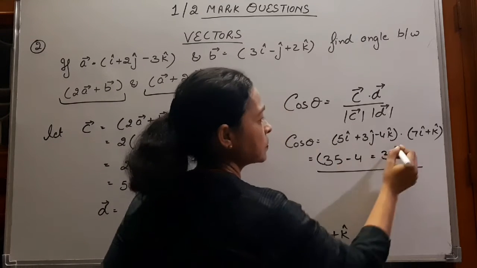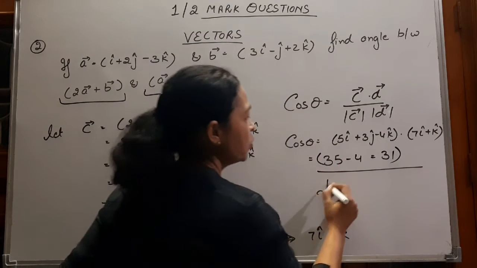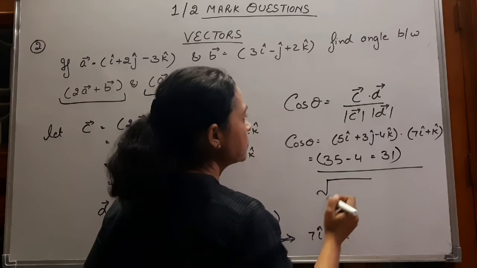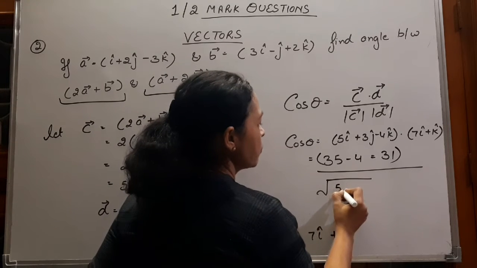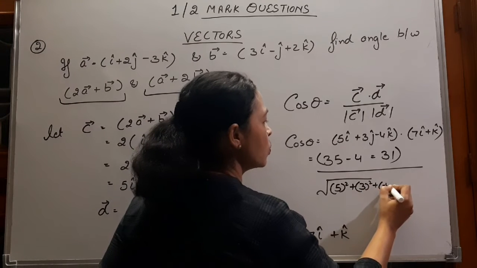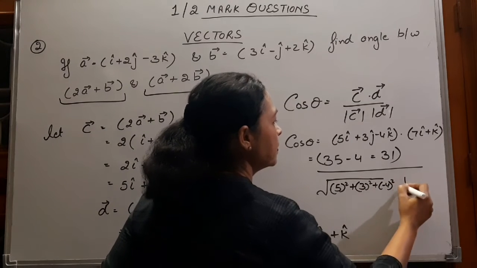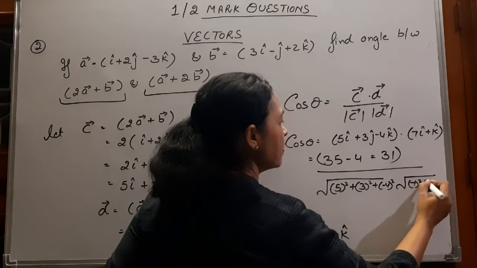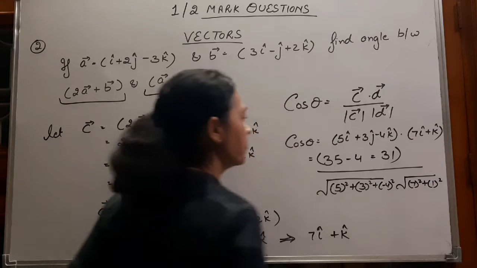Divided by magnitude of C, which is root of 5 whole square plus 3 whole square plus minus 4 whole square, into root of 7 whole square plus 1 whole square.